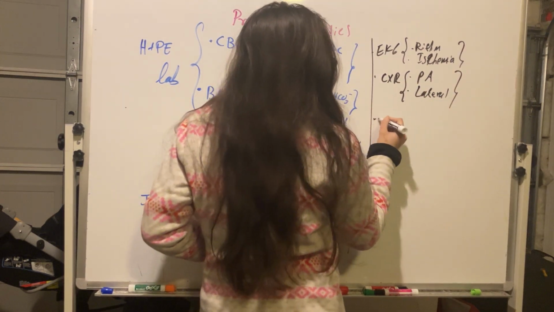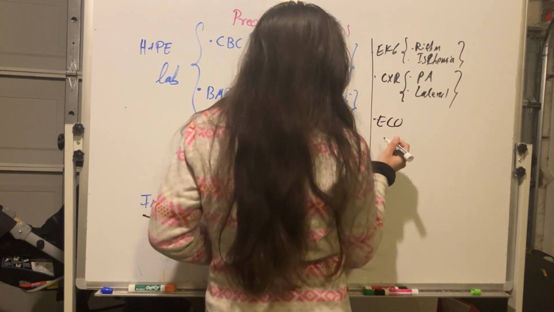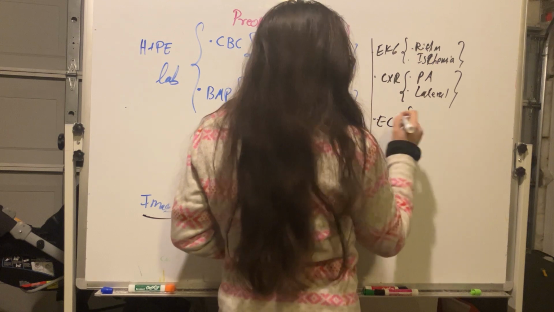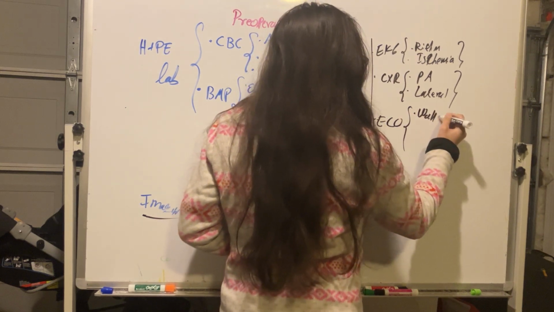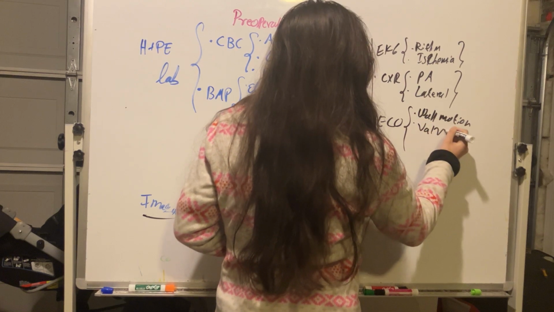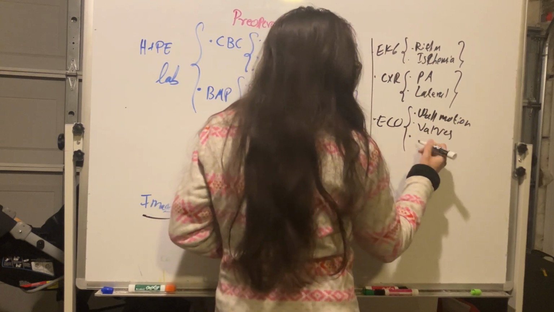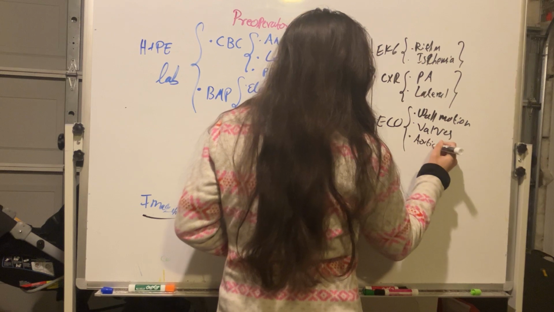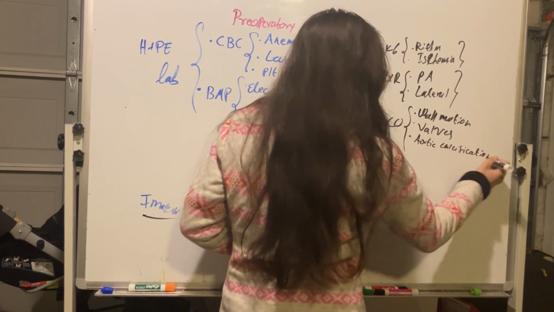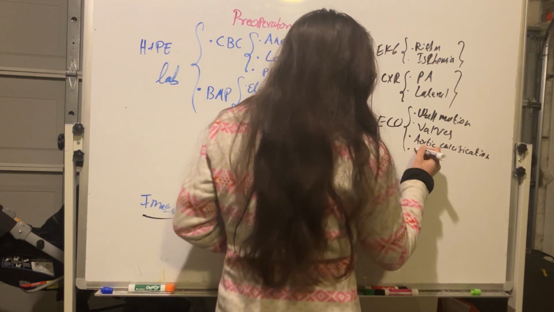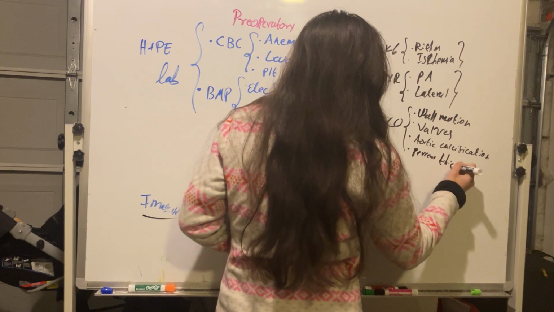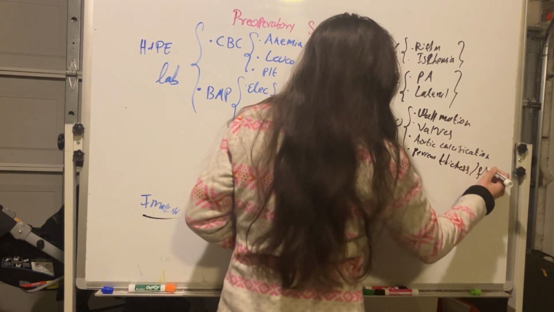Most of the time we also do an echocardiogram, and this is to evaluate for wall motion, valves, aortic calcification, pericardial thickness, and fluid.